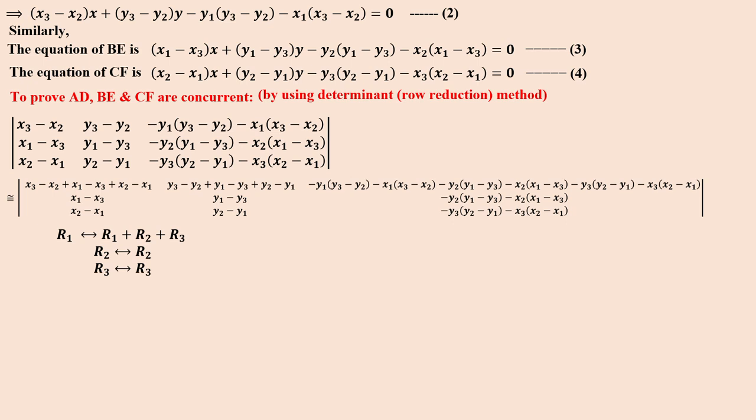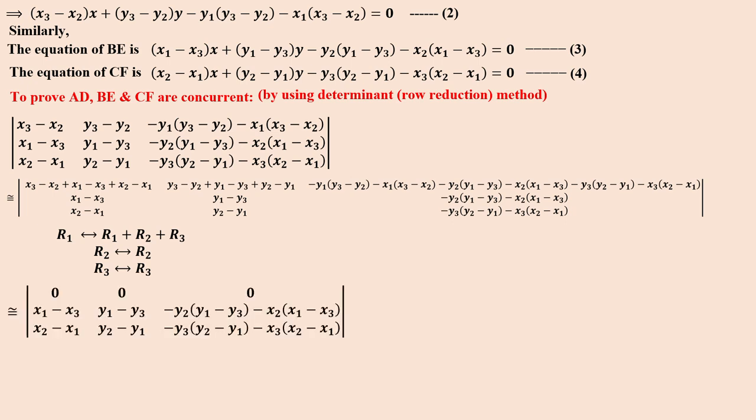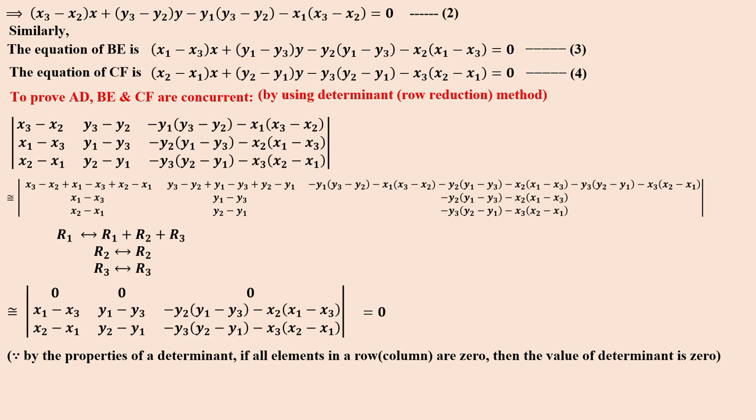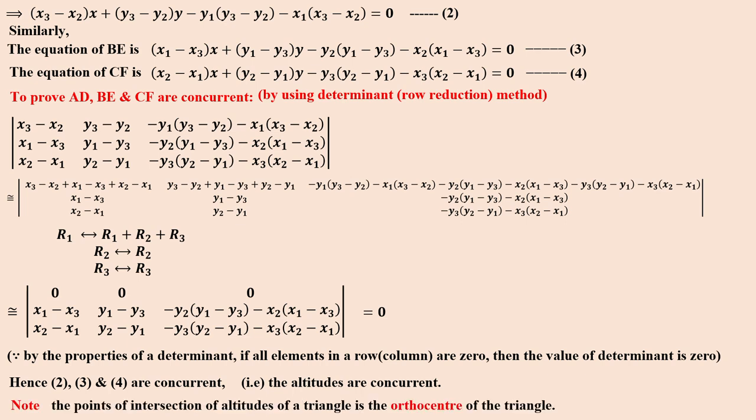In a matrix, if one row or column is completely 0, then the value is 0. So the determinant is 0. Therefore, equations 2, 3, 4 are concurrent. That means the altitudes are concurrent. The point of intersection of all the altitudes is called the orthocenter of the triangle.